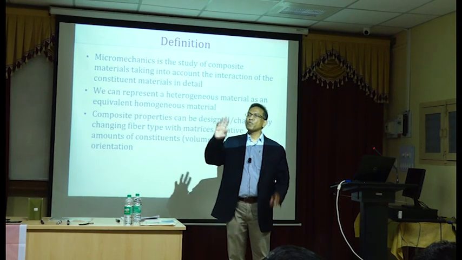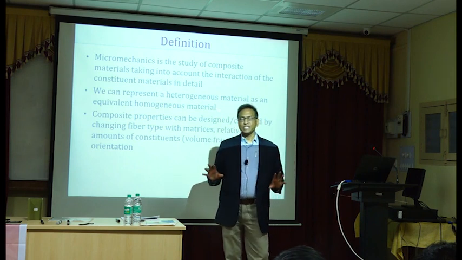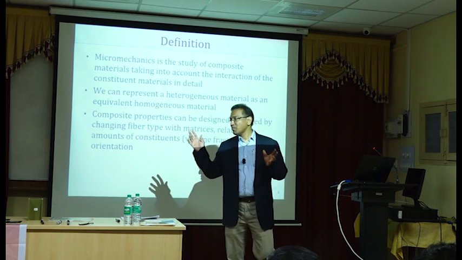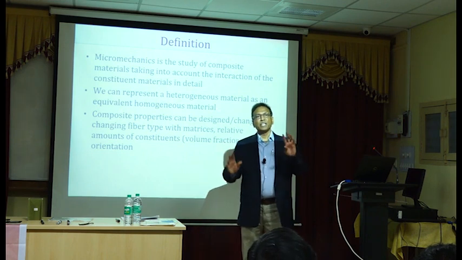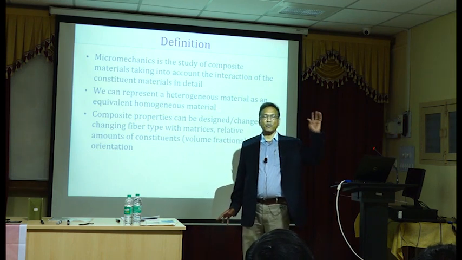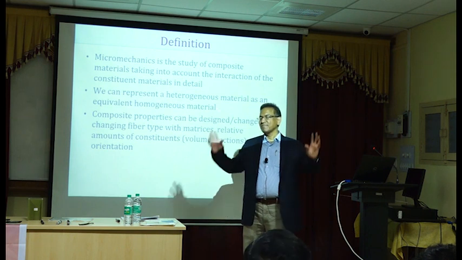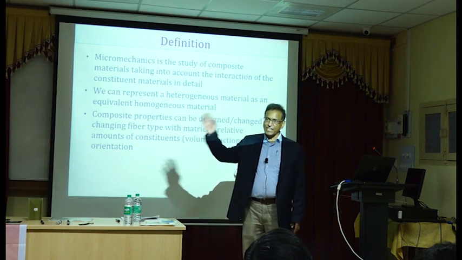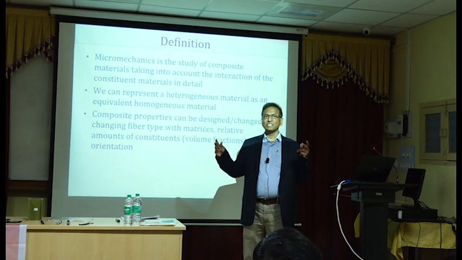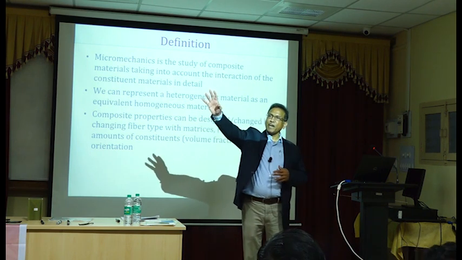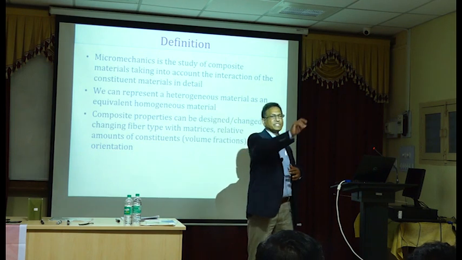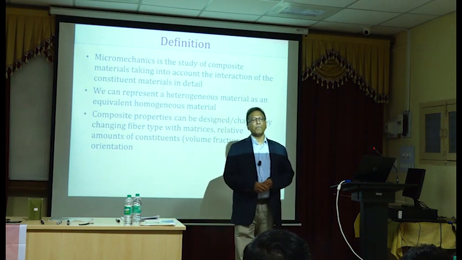So if you have 3 or 4 constituents, like different types of fibers, different types of matrix, of course only one type, then the matrix has one set of mechanical properties. The fibers will have a different set of mechanical properties. So the mechanical properties of the composite will not be the same as fibers, or the same as that of the matrix.